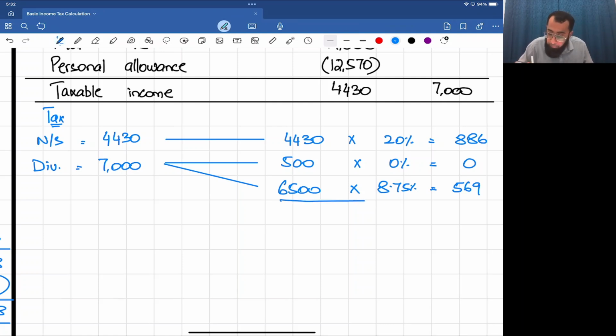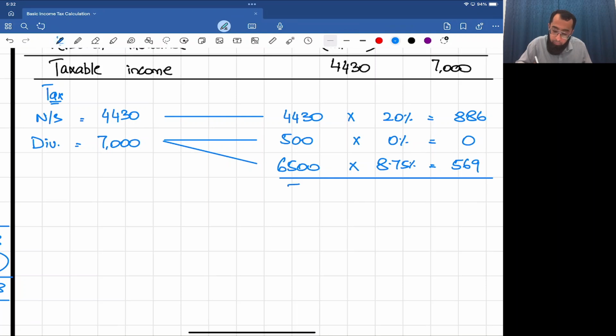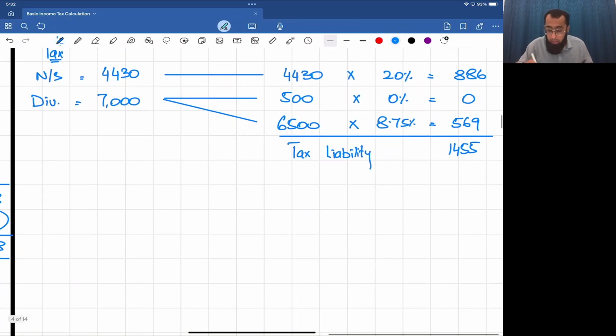You add them up to arrive at the value of tax liability. Here you go, your tax liability is 886 plus 569, so it's 1,455. There was some advance tax also in this question.